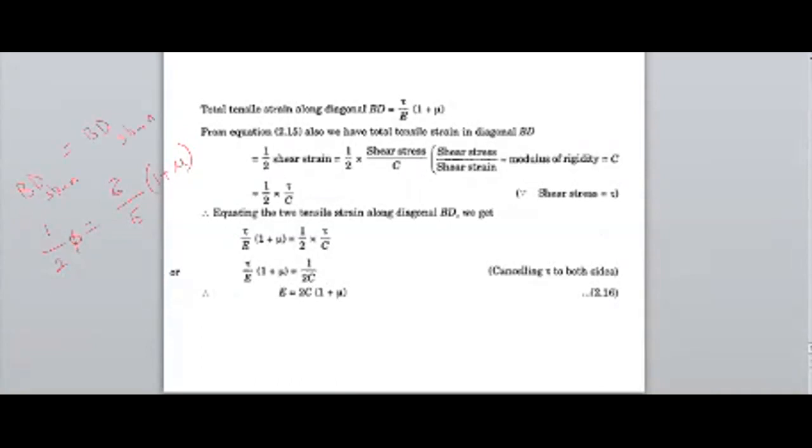BD strain only. Therefore, I need to cross multiply it. We'll get capital E is equal to 2 into tau by phi, 1 plus mu, where tau is nothing but shear stress and phi is nothing but shear strain.